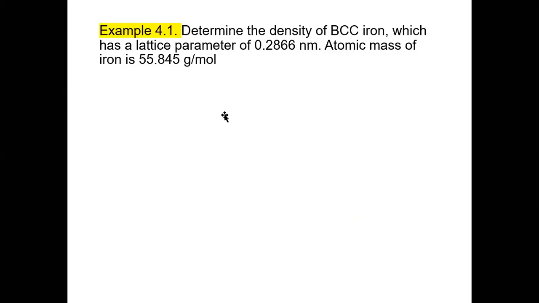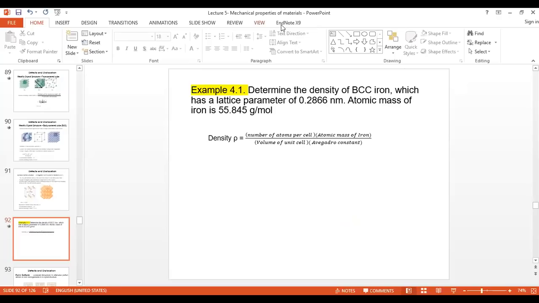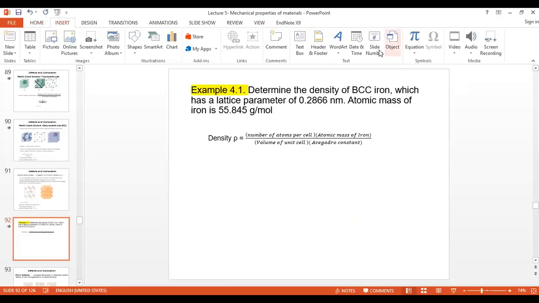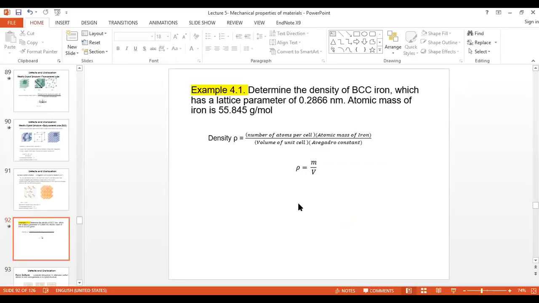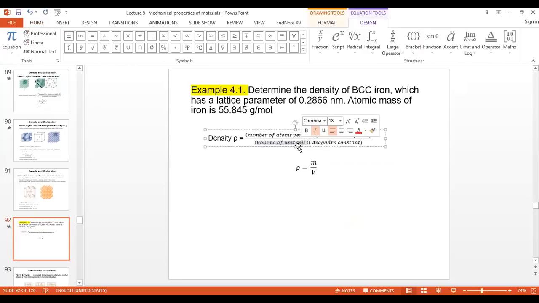If I type these things, density, I will give the symbol rho, equals weight over volume, right? Forget about this one first.